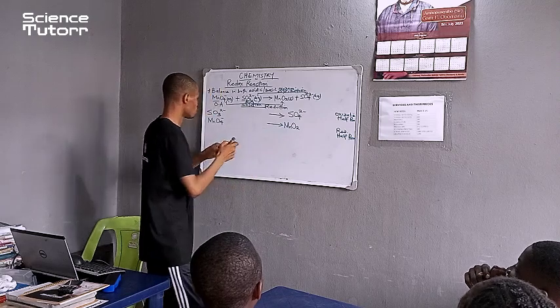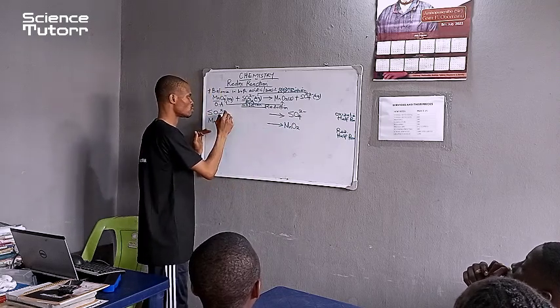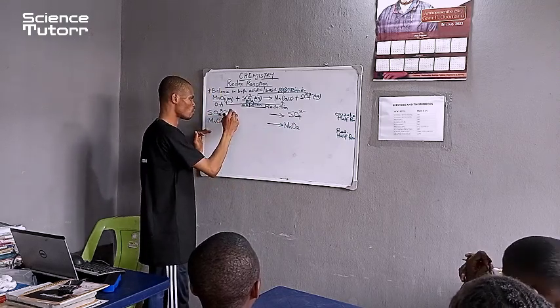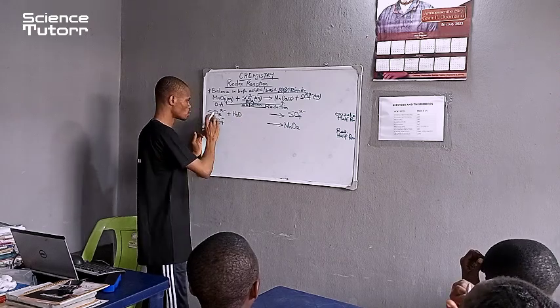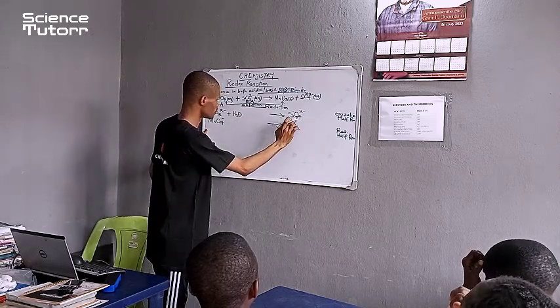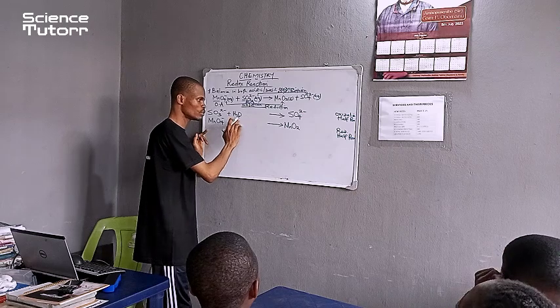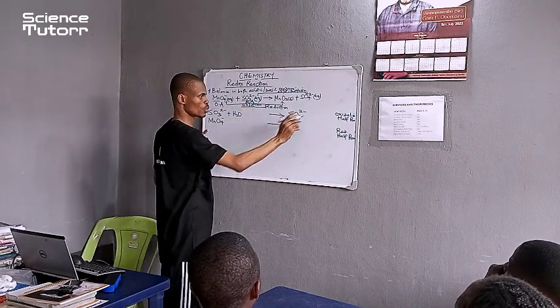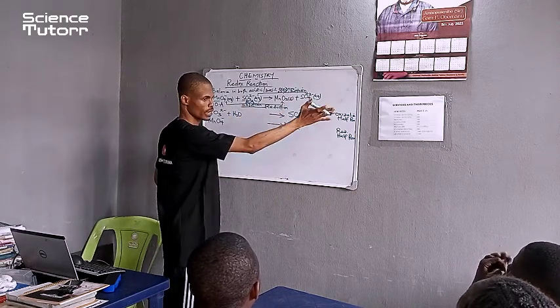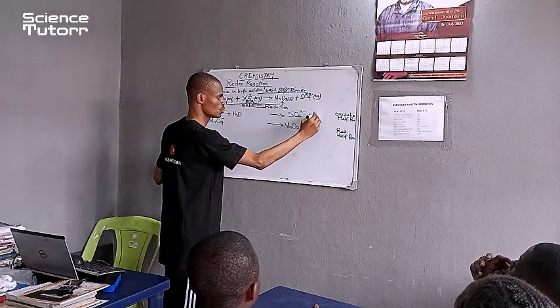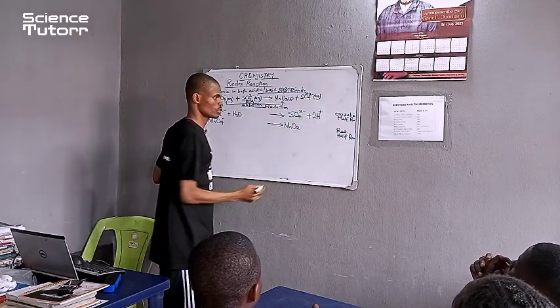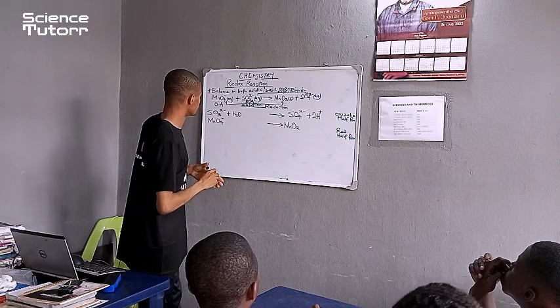Okay? So we are going to balance for oxygen by adding 1 mole of H2O. So that makes 4 oxygen, 4 oxygen, 2 hydrogen. So we add what? Protons on the right hand side. So that makes this 2H plus. Are we together?